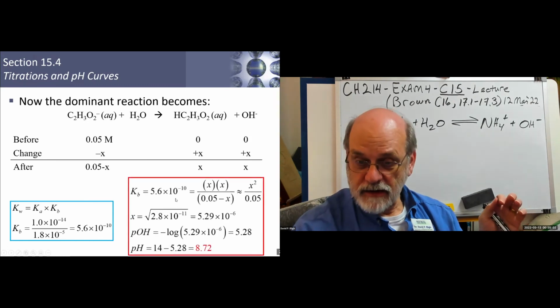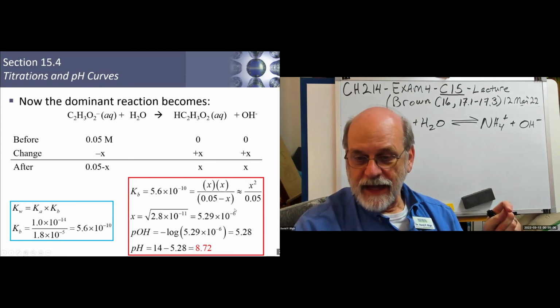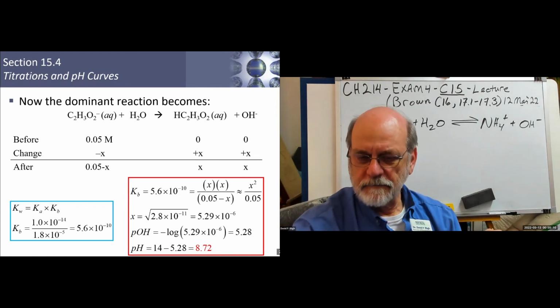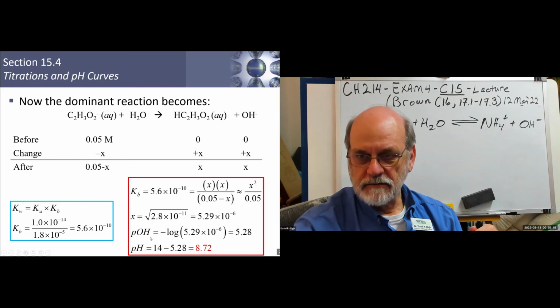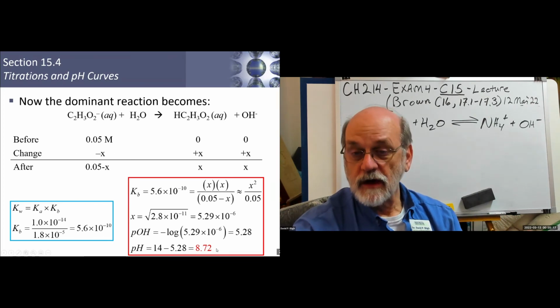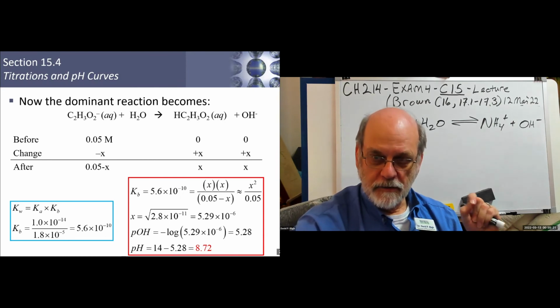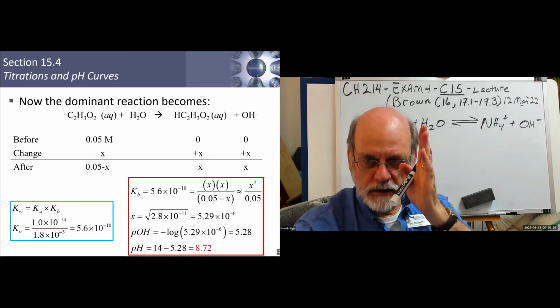And then we set up our equilibrium expression for the K, right? We're going to say that x is so small we can ignore it, and find out what the pOH is, and then the pH is 14 minus that value. So 8.72 should be the pH at the equivalence point for acetic acid reacting with a strong base to equivalence.